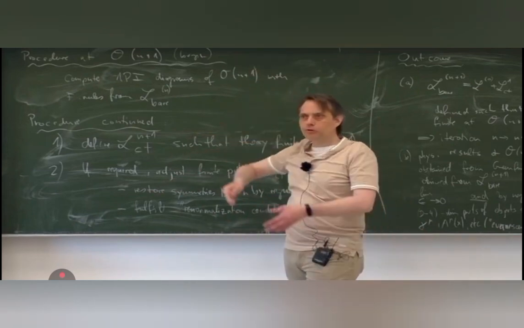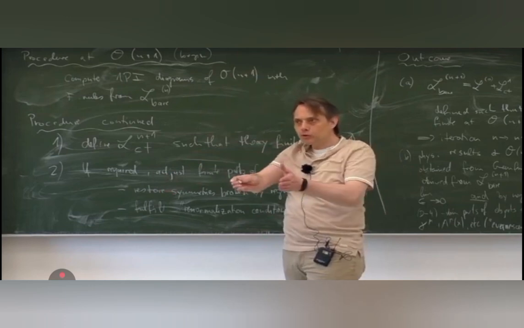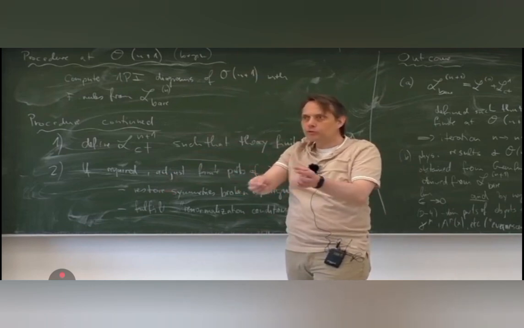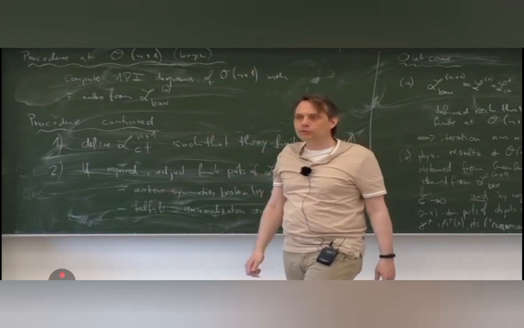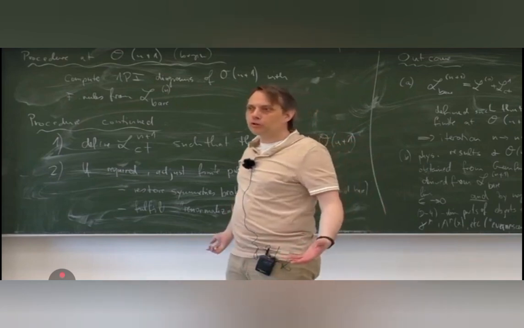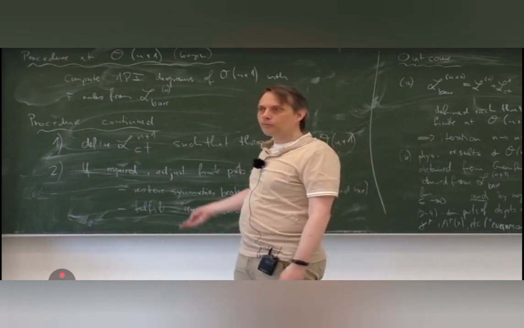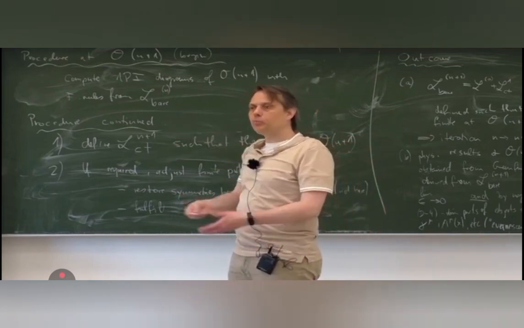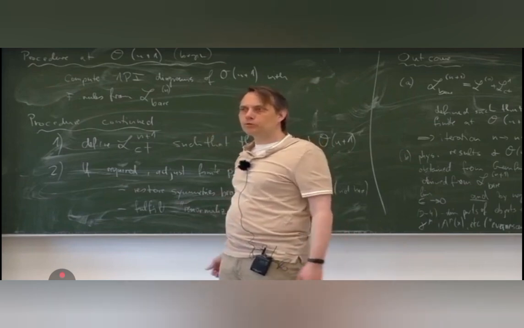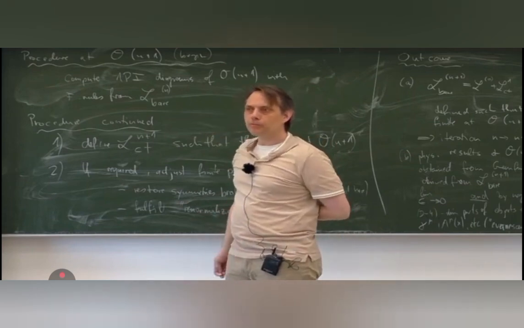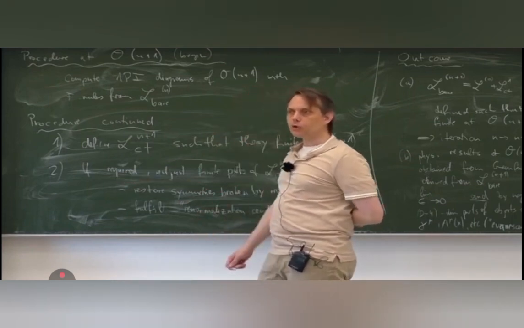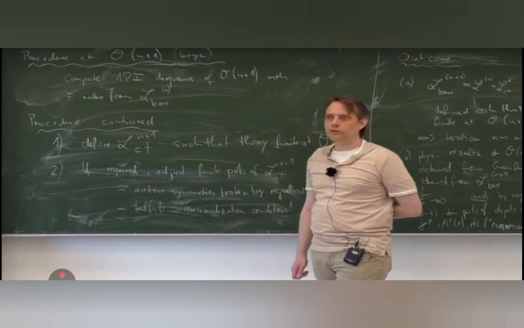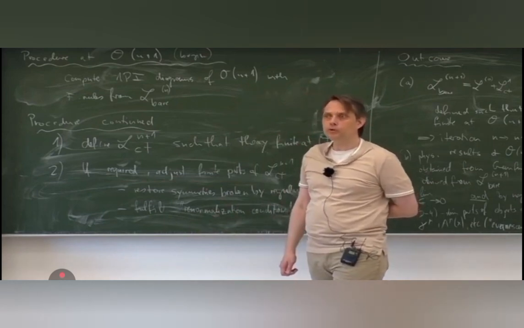And at the end of the day, you take the limit where the number of lattice points goes to infinity and the lattice spacing goes to 0. Then you encounter the same divergences and you renormalize the theory by adding some counter terms to your definition in the Lagrangian. And then again, you encounter a finite continuum quantum field theory as a limiting theory.